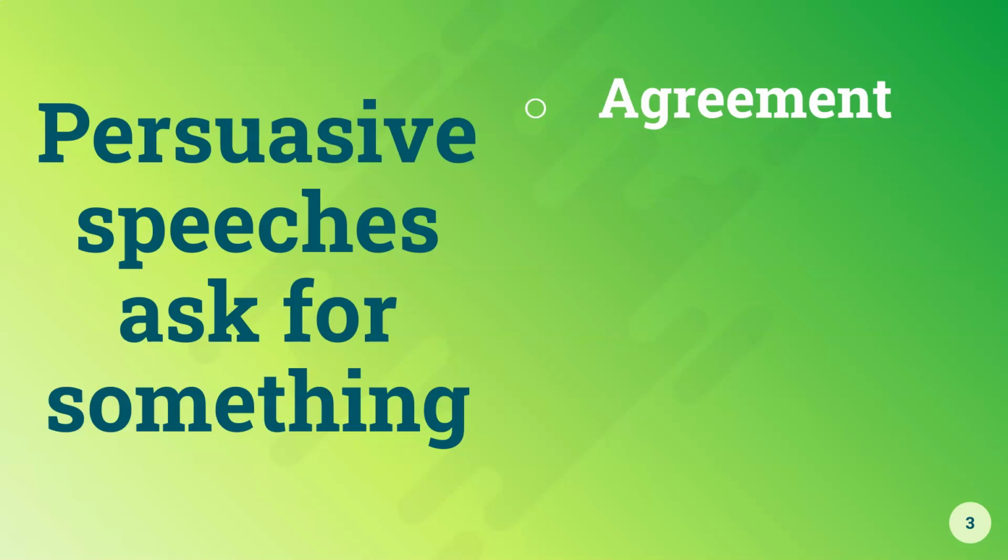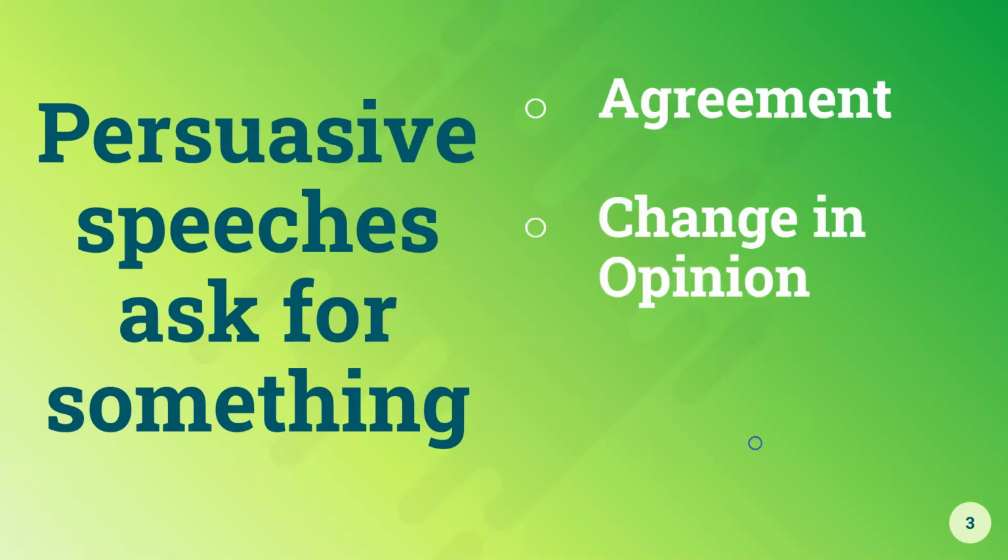So your purpose of a speech determines whether you're going to speak to inform and just provide information or to persuade. So where informative presentations just share information, persuasive presentations ask for something from audiences. They look for their agreement or a change in their opinion or a change in their behavior.